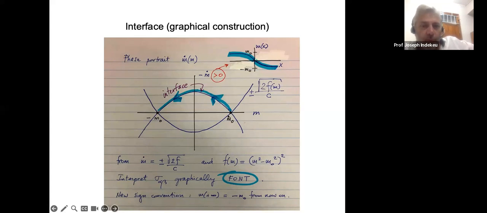And the interface trajectory is indicated here in heavy blue line. So from now on, we're going to work with the choice of bulk conditions that at plus infinity, we have minus m0. Okay, so that's what we're going to implement from now on. And this will be hopefully consistent throughout the remainder of the presentation.